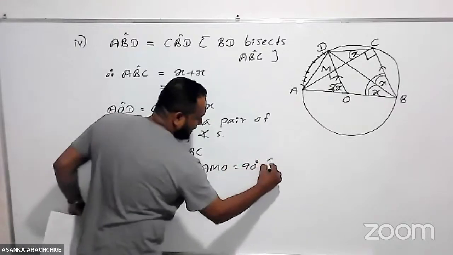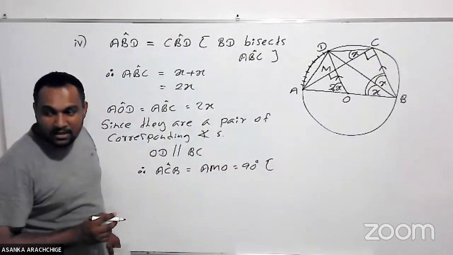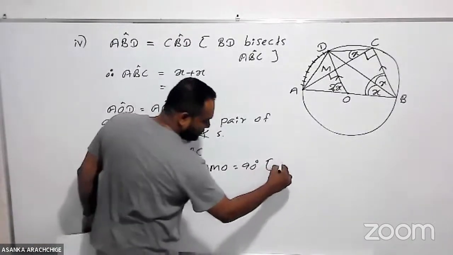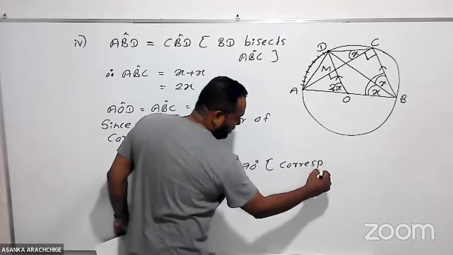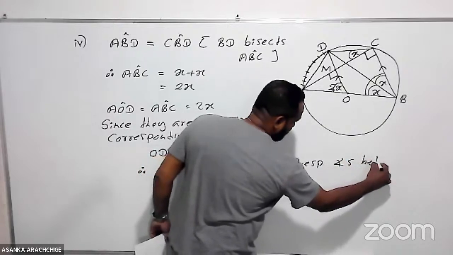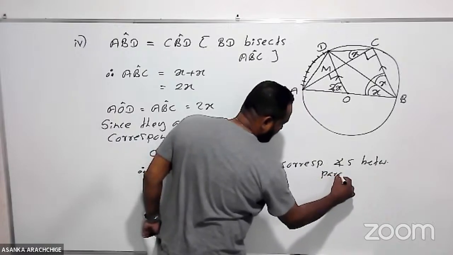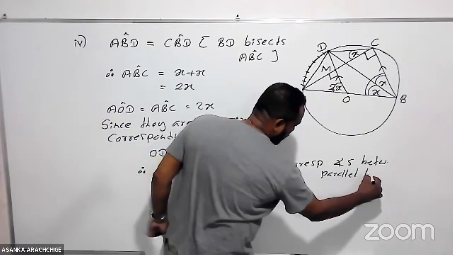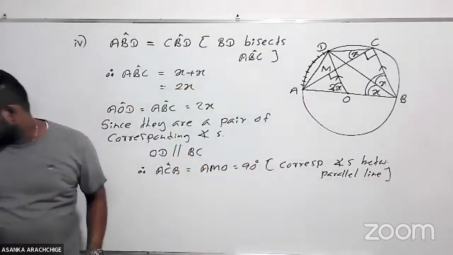Write the reason. What should be the reason? Corresponding angles between parallel lines. Right. Copy down up to this, Darwani.